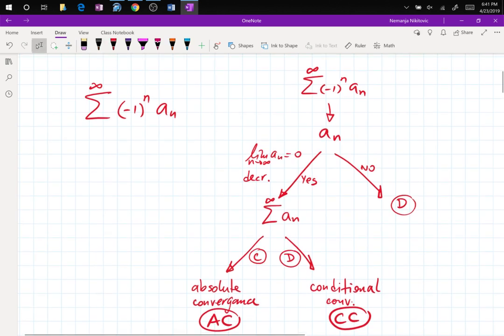So guys, for alternating series, you will recognize them as soon as you see negative 1 to the n, or cosine n pi, or sine n pi over 2. Those are your triggers. You separate an, you test an as a sequence, you test an as a series, and you make conclusions about this problem looking at those results.